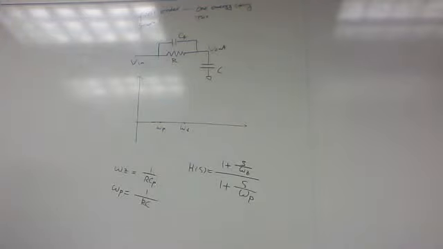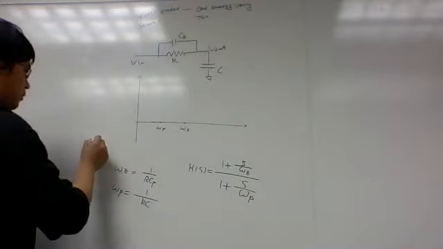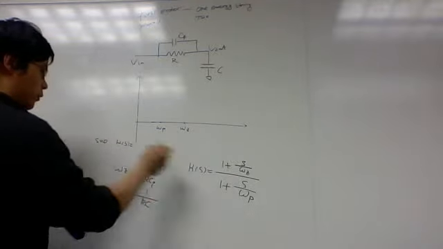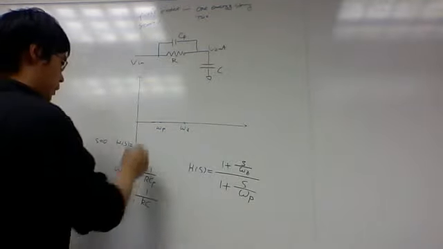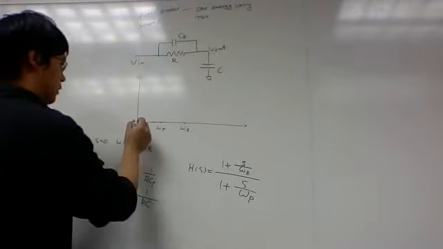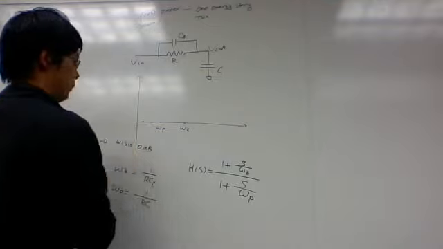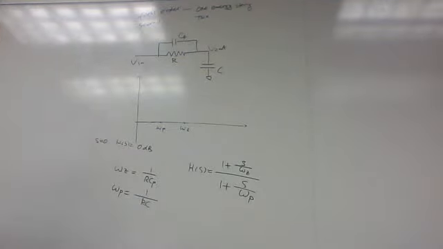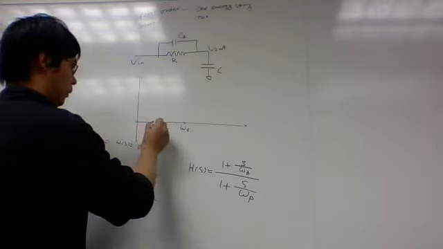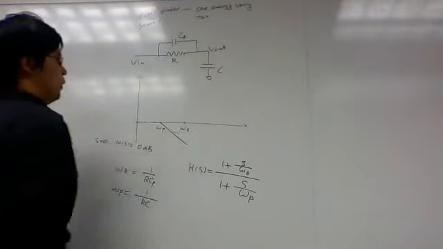And at 0, when s is small, H of s is 1, because this cancels. So H is 0 dB. So that's starting from here, 0 dB. When you start to see omega p, it starts to drop, 20 dB per decade.